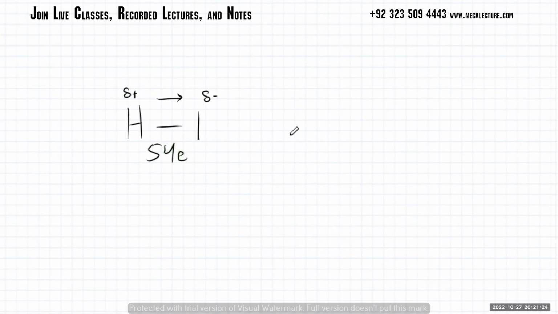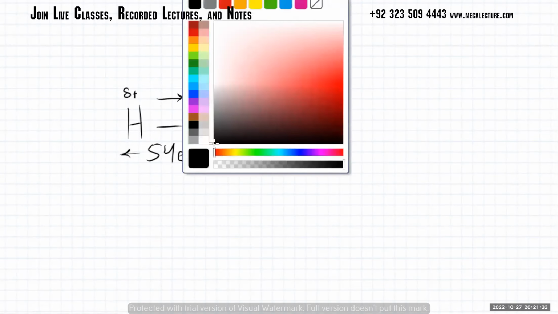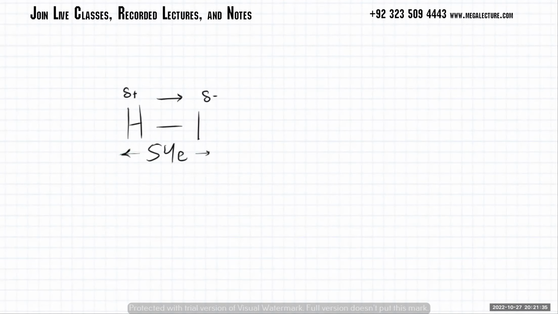Now, van der Waals forces are like this: these 54 electrons will be randomly shifting slightly to one side, shifting slightly to the other side, and that leads to the creation of these instantaneous dipoles. Maybe these 54 electrons very slightly shift to this side, the other side will become positively charged.